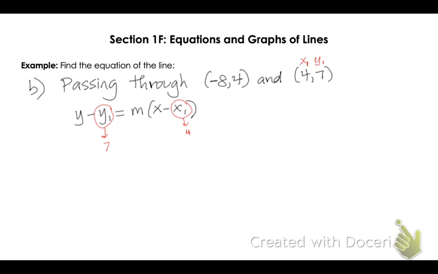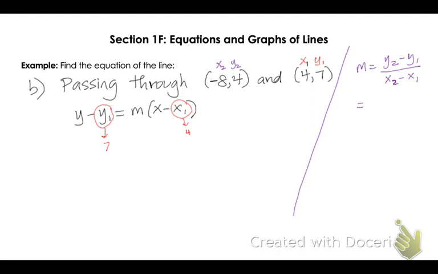Then the m, I'm going to come off to the side to my scratch work and calculate my slope, copying down my formula from the last video. Since I already labeled this x1, y1 on the right, this one's going to be x2, y2. This time I'm subtracting left minus right.